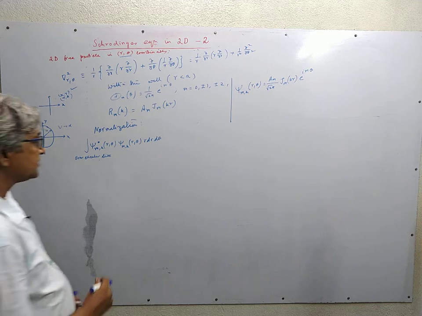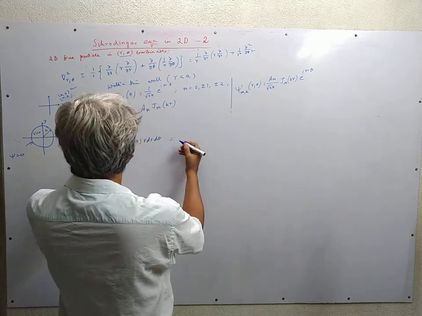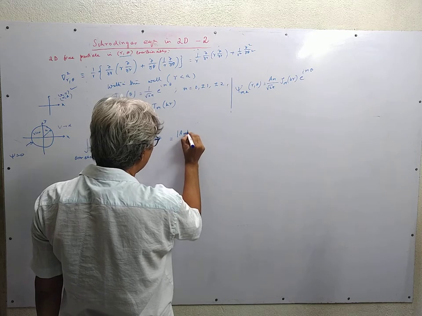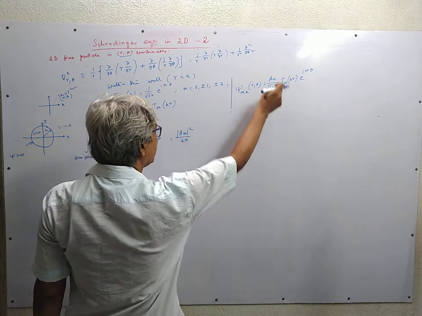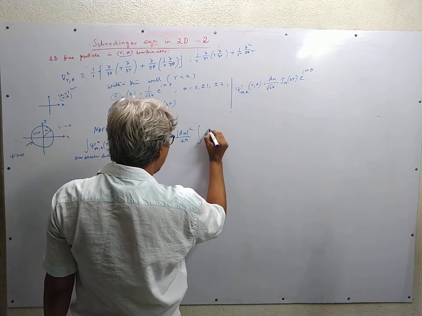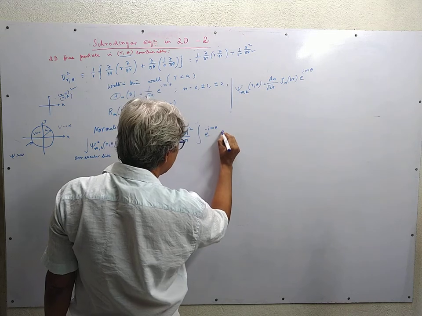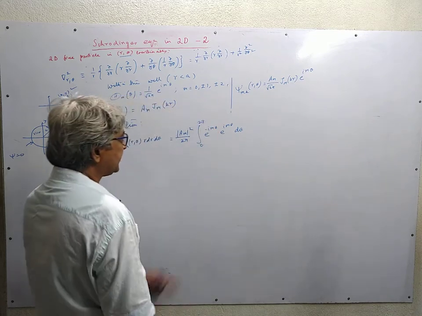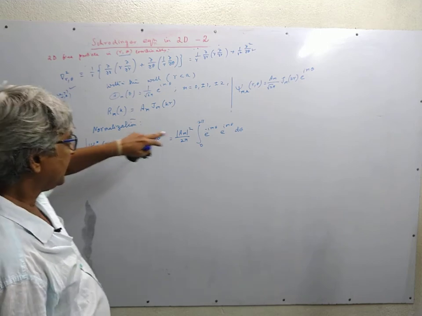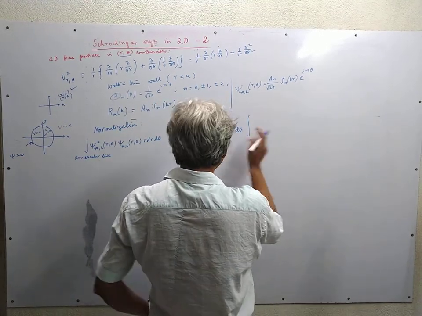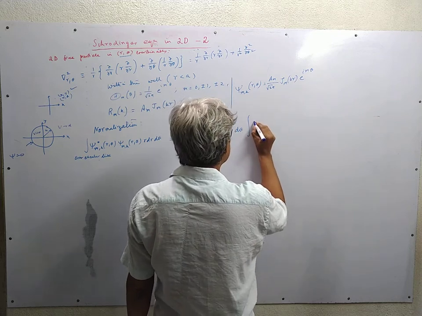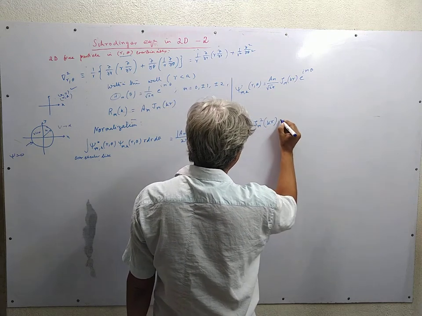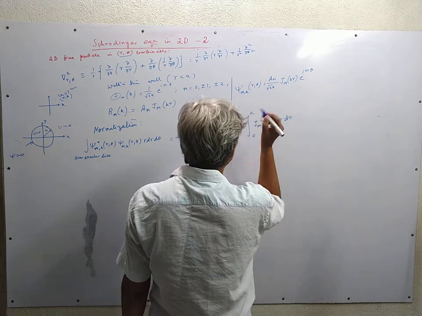The integration is over this, so we consider first |A_m|² upon 2π, obtained when we square this, then e^(-imθ) e^(imθ) dθ integrated from 0 to 2π. The minus imθ comes from the starred quantity, and here we will have J_m, as it is real, J_m star of kr r dr integrated from 0 to a.